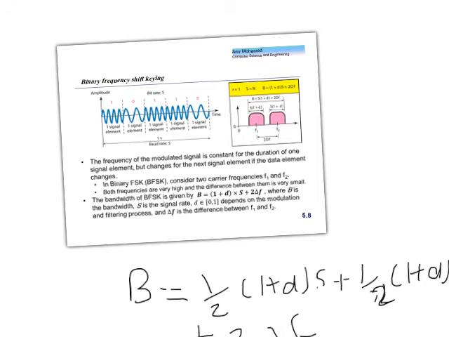I have half of this, half from the other side, and in the middle I have 2 delta F. If I sum those three values, this constitutes the whole bandwidth of the entire composite signal. And as we said, the minimum 2 delta F is 1 plus D times S, so the minimum bandwidth is double ASK. Okay?